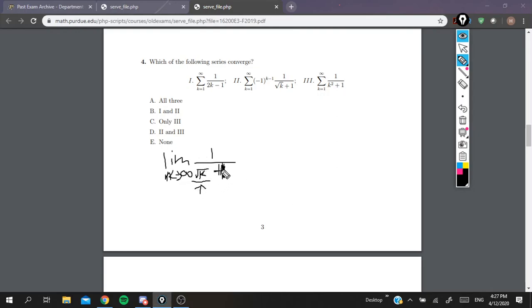Since this is the denominator, the term will be infinitely small, approaching 0. So it meets the first criterion, and the second criterion is that the values get smaller as the terms get larger. We know that for 1 over root k plus 1, as k gets bigger, root k gets bigger too.